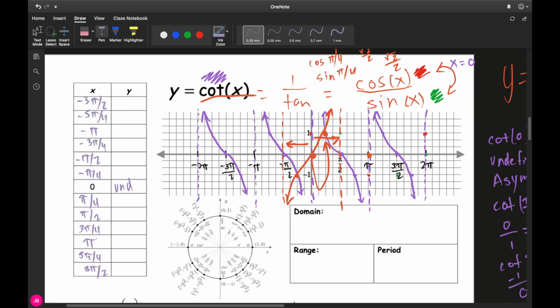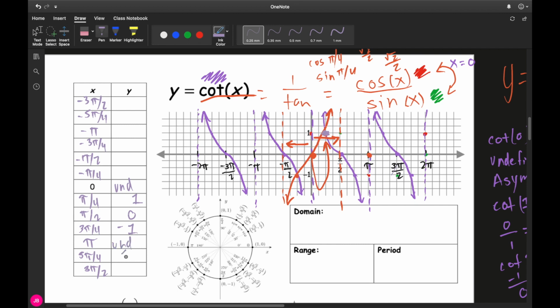And here, all we need to do is look at our graph and see what values they are. So at pi over 4, we have 1. Pi over 2 is 0. Then we have a -1. Then undefined at pi.